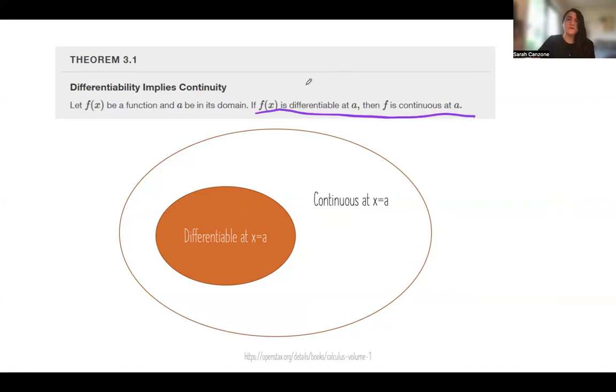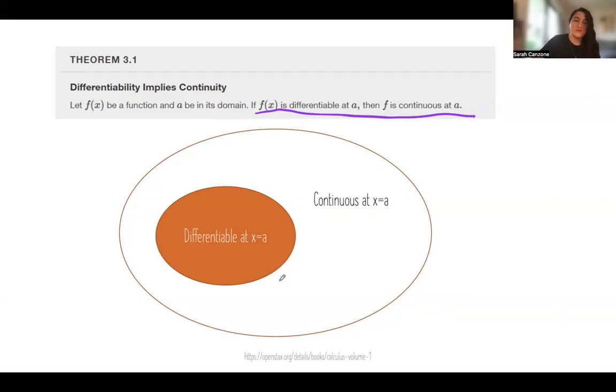Now, the way that if-then statements work is that if it says if here and then here, you can't necessarily flip it. You can flip it if it says if and only if, but this doesn't say that. So if you were to say a continuous function is differentiable everywhere, that would be incorrect because that is not true. And we'll see an example in the next slide.